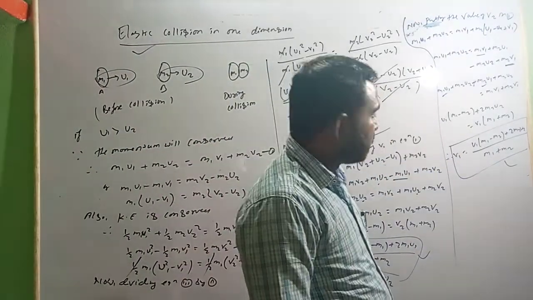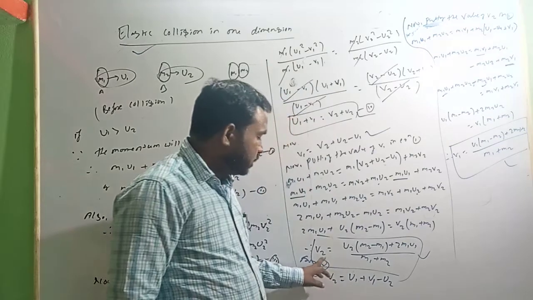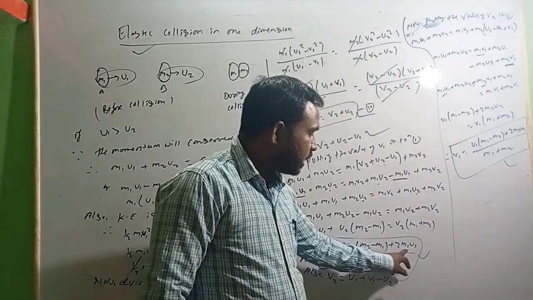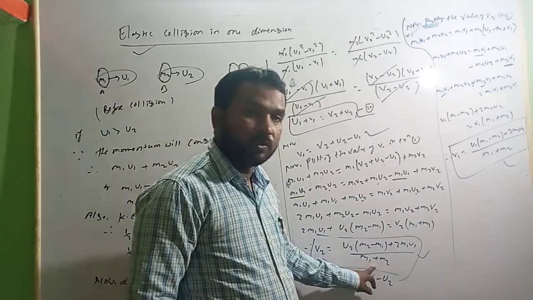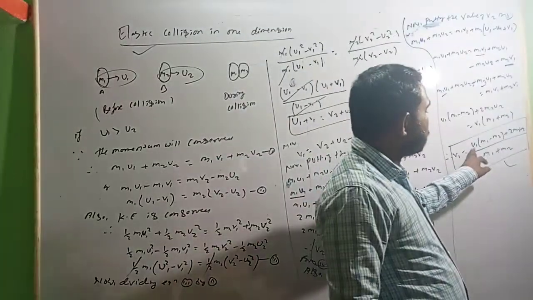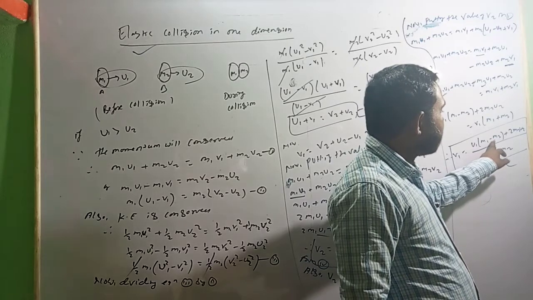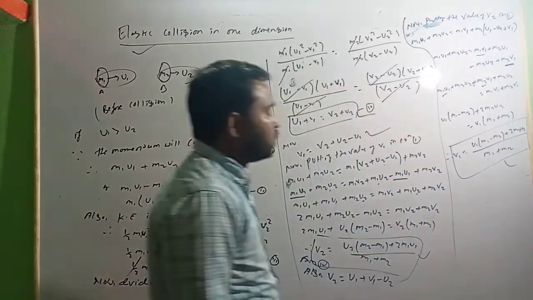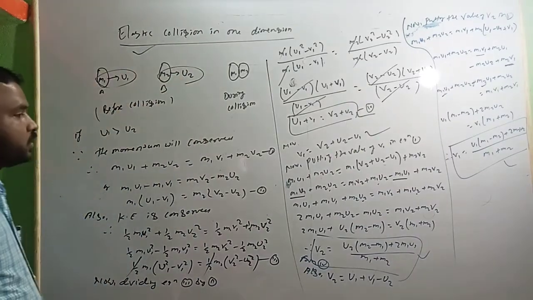Is it clear? So we have v2 is equal to u2 m2 minus m1 plus 2 times m1 u1 divided by m1 plus m2, and v1 is equal to u1 m1 minus m2 plus 2 times m2 u2 divided by m1 plus m2.